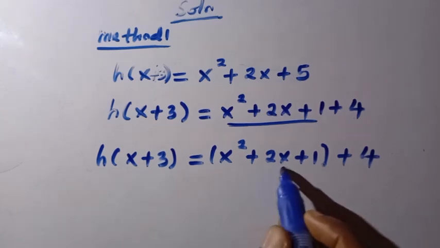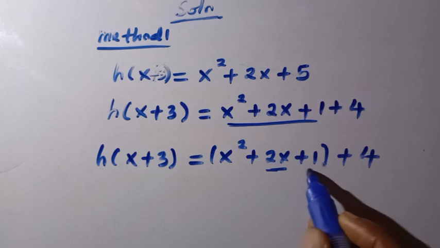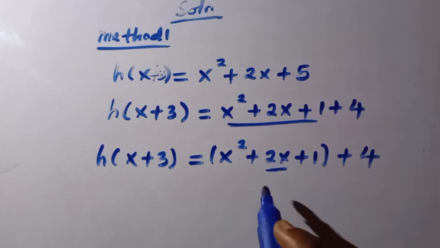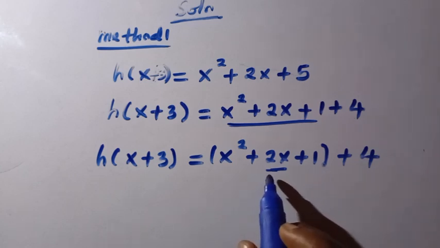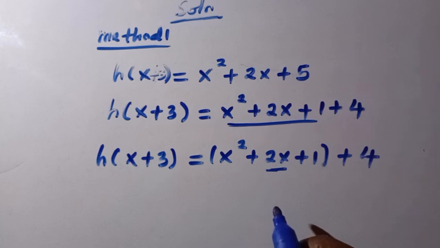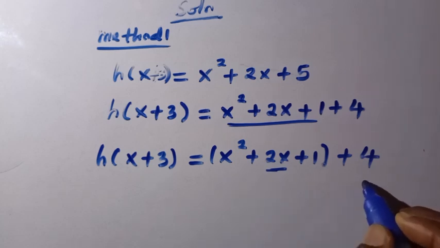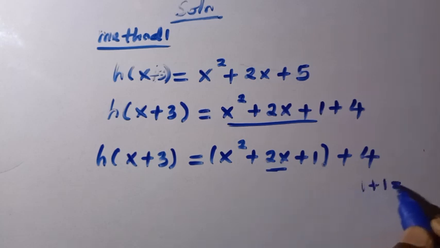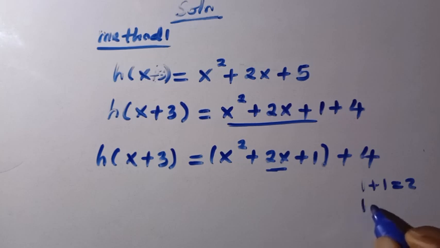So we consider these 2x as the sum, and here is just like the product. We look for two numbers: if you add them, we get 2, and if you multiply them, we get 1. The two numbers are 1 plus 1, that is 2, and 1 times 1, that is 1.